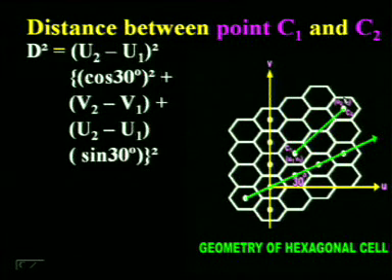and we take the coordinates u1 and v1 in C1 and u2 and v2 in C2. So, the distance between C1 and C2 will be d squared equals (u2 minus u1) into cos 30, whole square, plus (v2 minus v1) into sin 30, whole square, because this is the 30-degree angle and we have shifted the coordinate from here to this place.